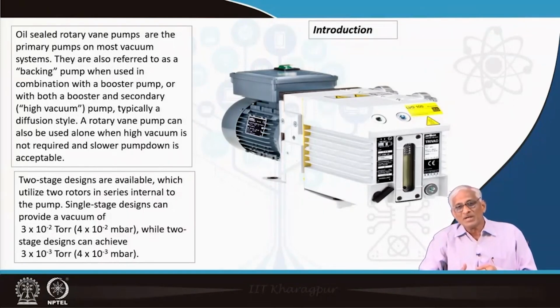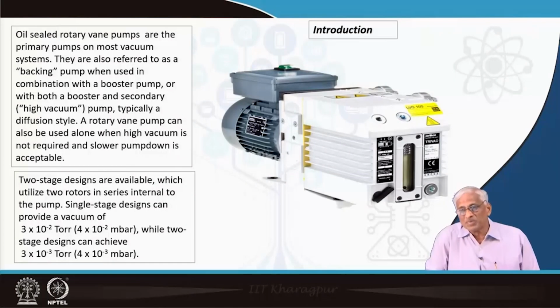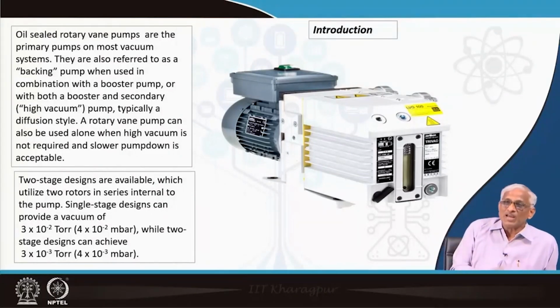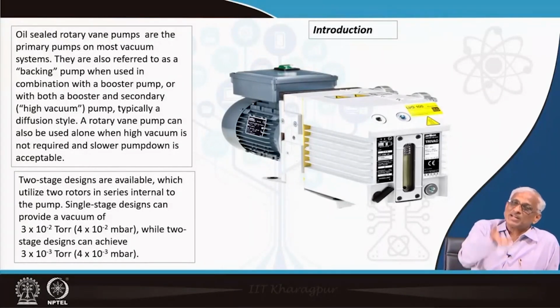At that time this is used as initial pumping to an acceptable level of vacuum. It will be taken over by the high vacuum pump. But I am telling you, the high vacuum pump requires the helping hand of this rotary pump. That is why it is called a backing pump. If you do not evacuate to 10 power minus 2 torr, the high vacuum pump will not further take it to 10 power minus 6.